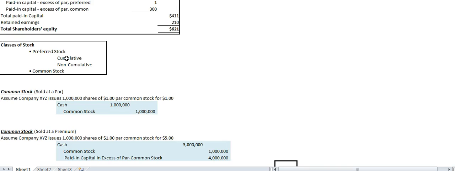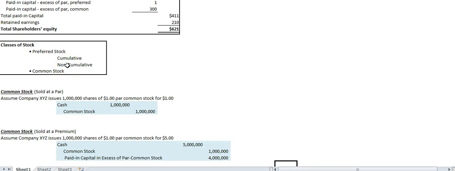It goes into what's called dividends in arrears to these preferred stockholders, and it'll start accumulating. So let's say the $4 for this preferred stockholder was not paid in 2015. In 2016, the preferred stockholder has a right to another $4. That's a total of 8. The company must pay this preferred stockholder his $8 before it starts distributing dividends to common stockholders, right?